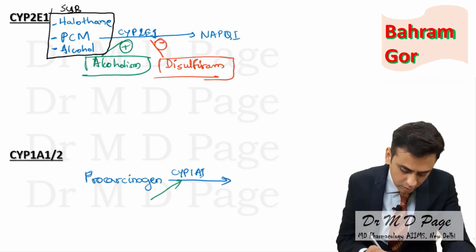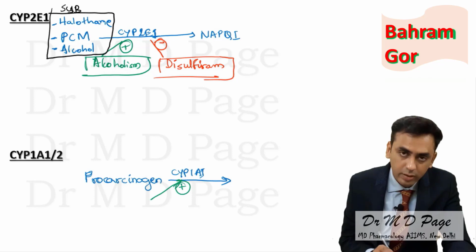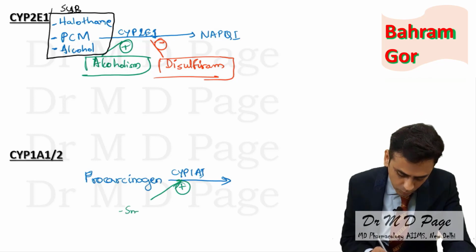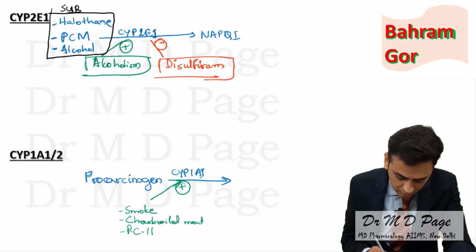Inducers will be carcinogenic substances which will stimulate this. For example, smoke, char-boiled meat, or polycyclic hydrocarbons, etc. Other carcinogens you can say.